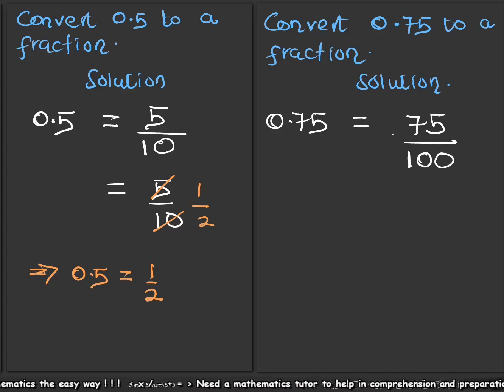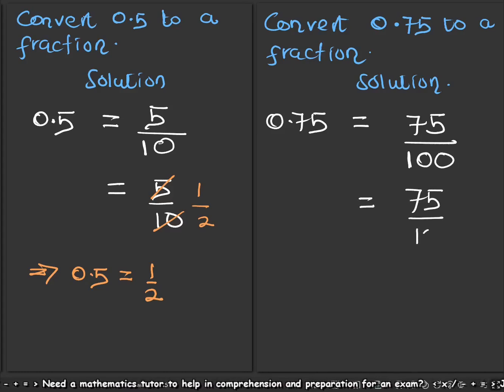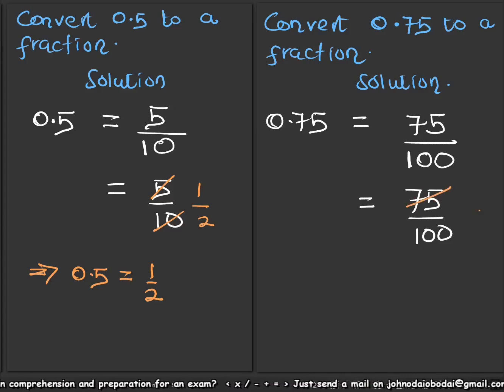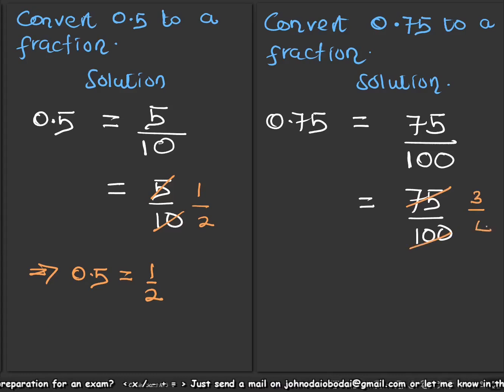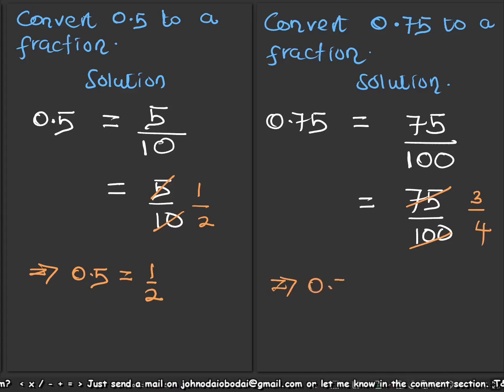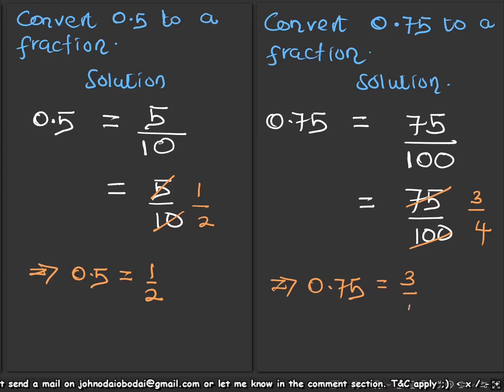Then you have 75 over 100. Is it possible to simplify? Yes, because 25 can divide these numbers. 25 divides 75 three times, and 25 divides 100 four times. So this simply means 0.75 is equal to 3 over 4.